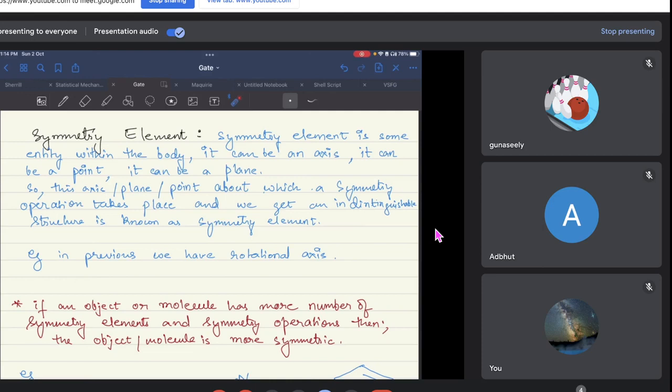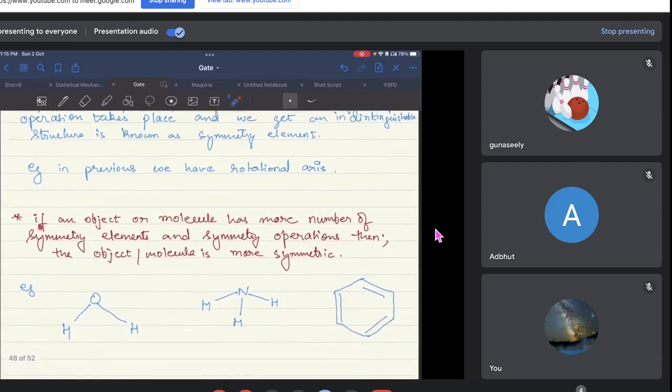The more identical or indistinguishable structures we get, the more symmetry that particular molecule or structure has. For example, in the previous equilateral triangle example, we saw that there was a rotational axis, so the element was an axis.